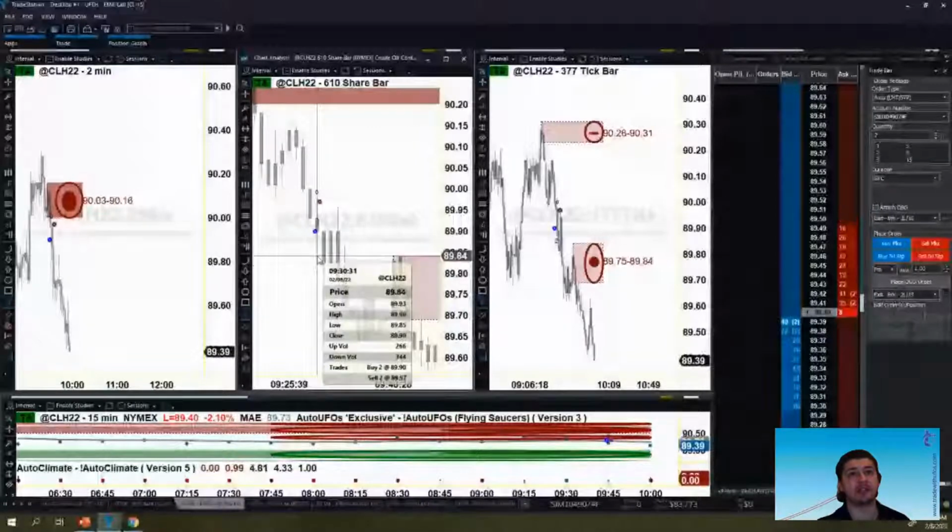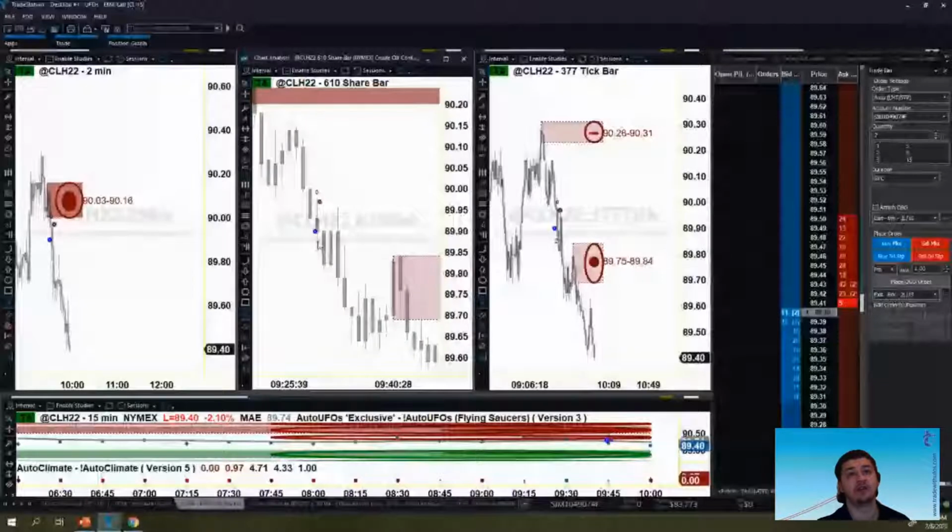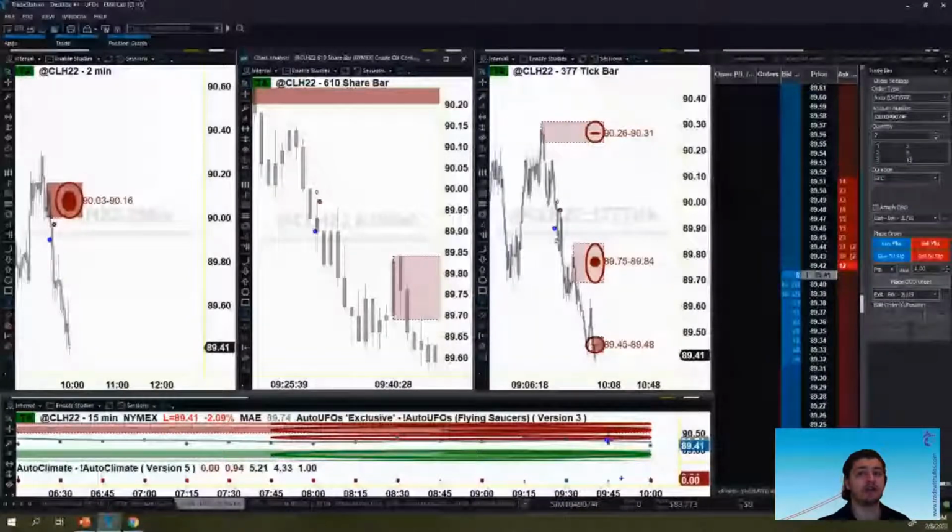Essentially speaking, I'm going to count this for a small loss, or even a small win, but I'm just going to call it a small loss because we would have gotten in on an unconfirmed climate, right? Because this candle opens as soon as the 9:30 ends. So as soon as this one ends, this one opens, meaning it opened unconfirmed.